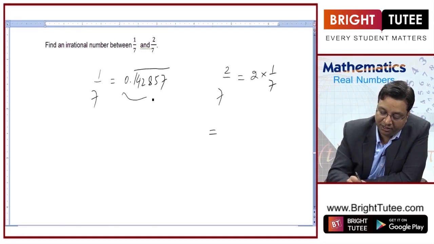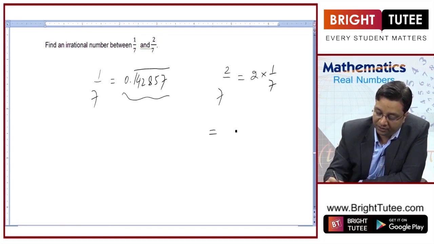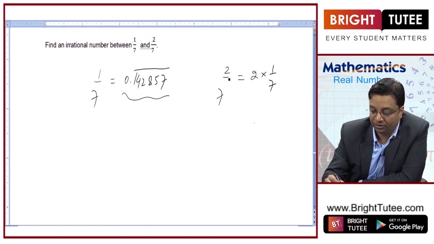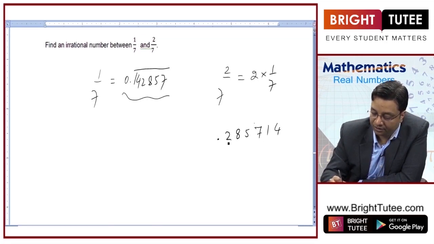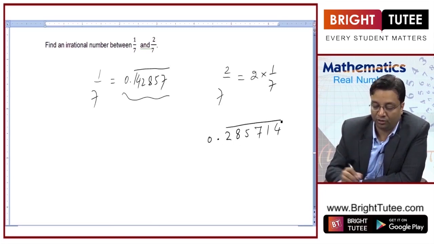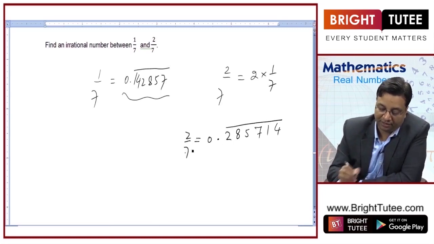That is, if you multiply this number by 2, it will become 0.285714, and this will be the repeating block this time. So this is 2 by 7.